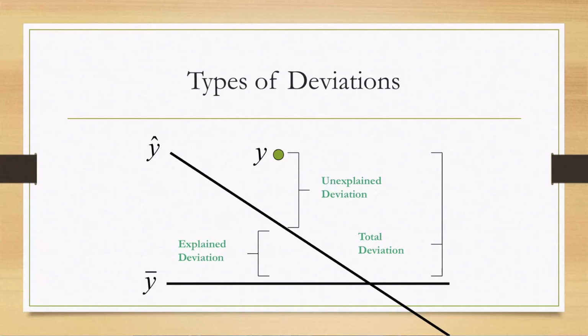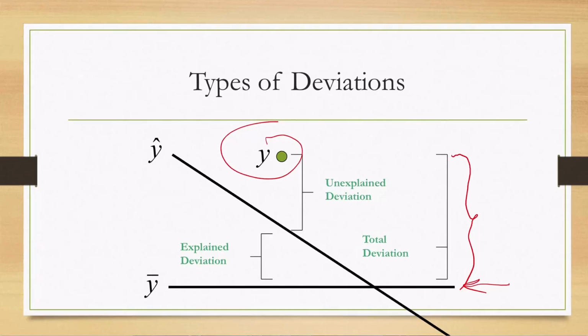So notice here that we have an observation. That's our observed point. Here we have the mean line. And the difference in those two is the total deviation. Now, of that total deviation, part of the reason that we know that that observation is way above the mean is because we have an x variable that predicts for us a value that is above the mean.